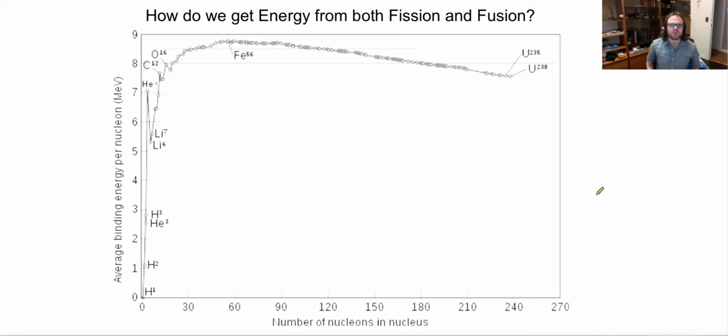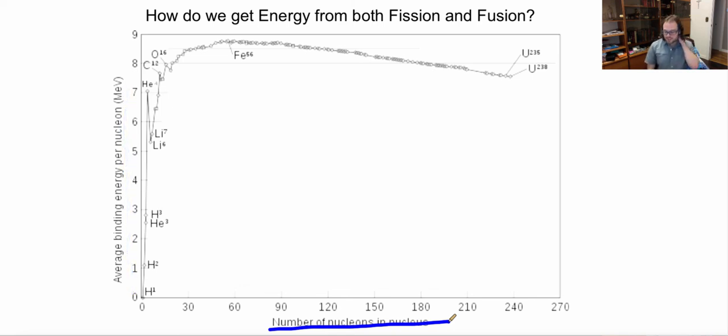Basically, the more binding energy per nucleon, the more stable the atom is. So my y-axis here is the binding energy per nucleon, and my x-axis is the number of nucleons.